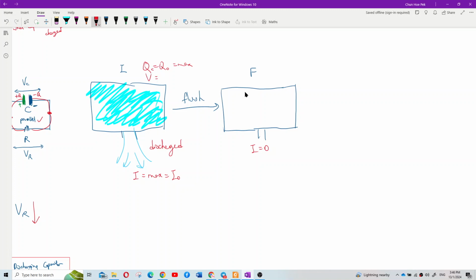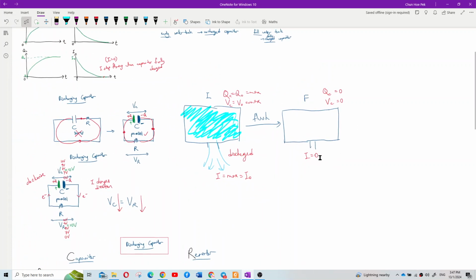Voltage-nya pun capacitor voltage pun maximum. Tapi finally capacitor zero, charge zero, voltage capacitor pun zero. No more current flow. So current pun zero. No more air sudah habis keluar. So tak ada air sudah, kan? Begitu.